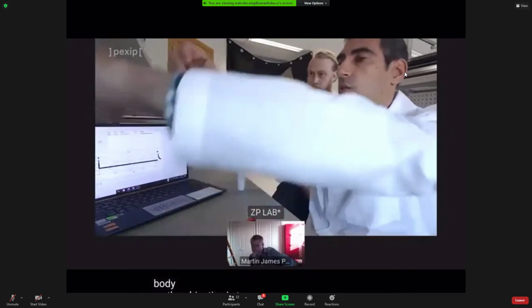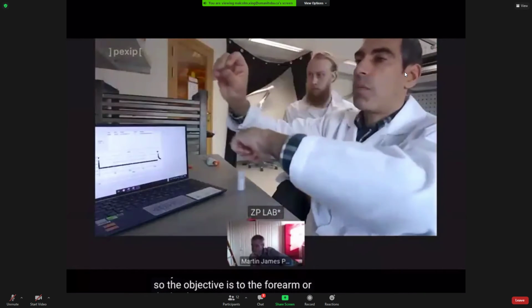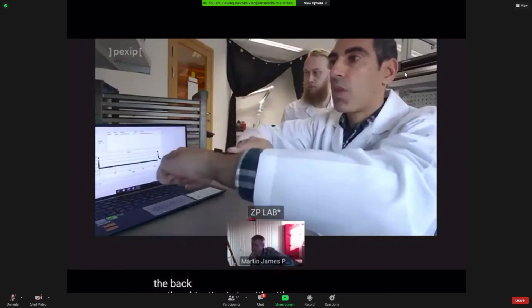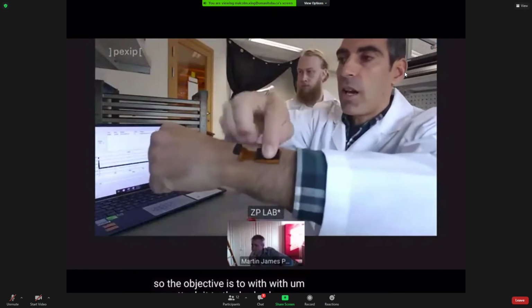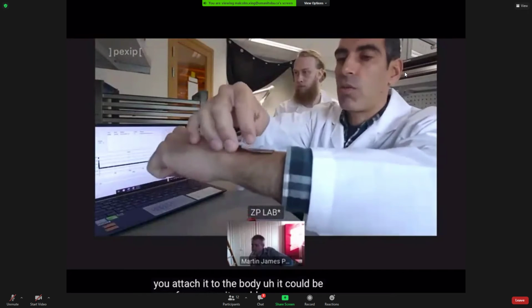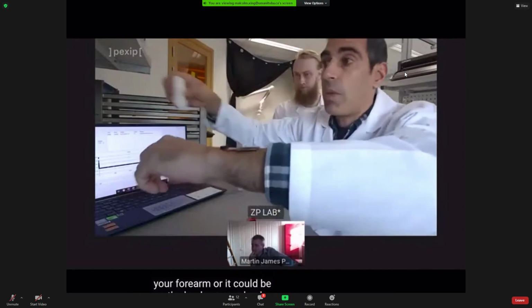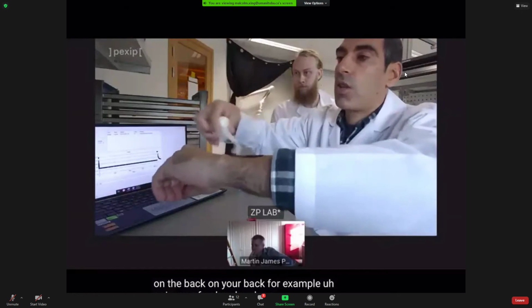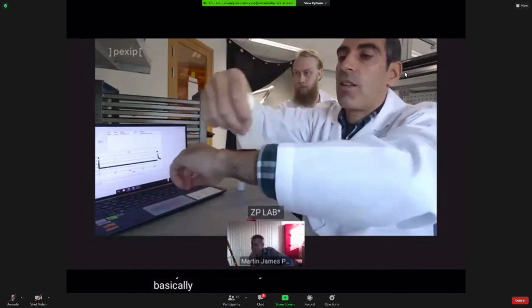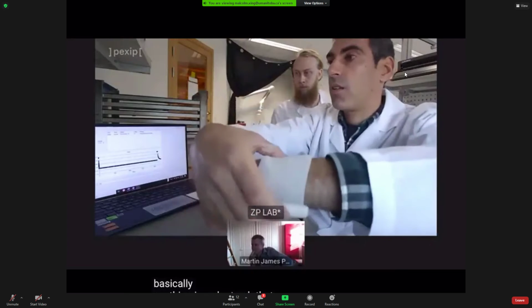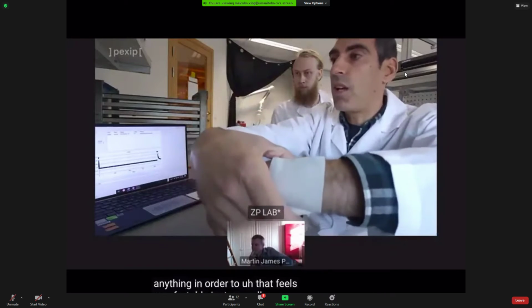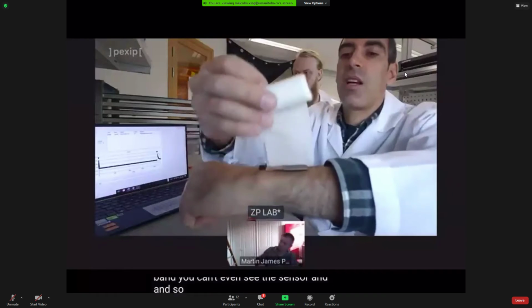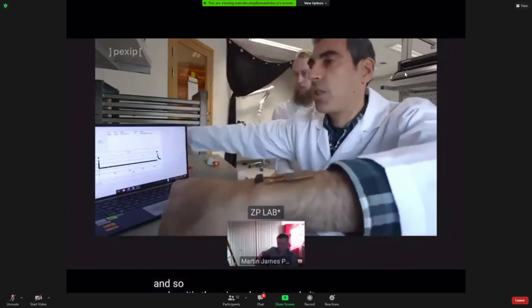The objective is to attach it to the body. It could be your forearm, or on your back, or on your forehead, and you can use basically anything that feels comfortable. Just a small band. You can't even see the sensor, and so it's there in order to sample it properly.